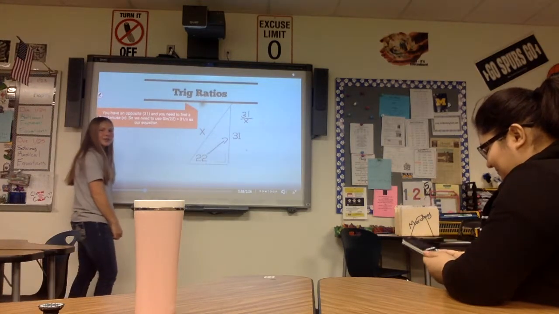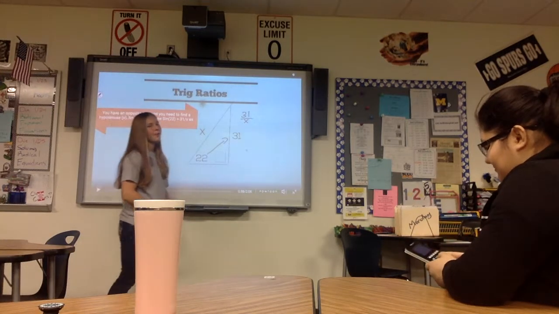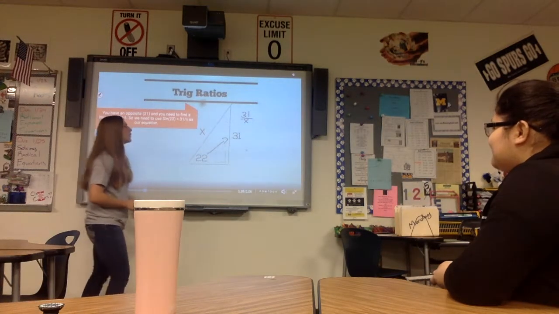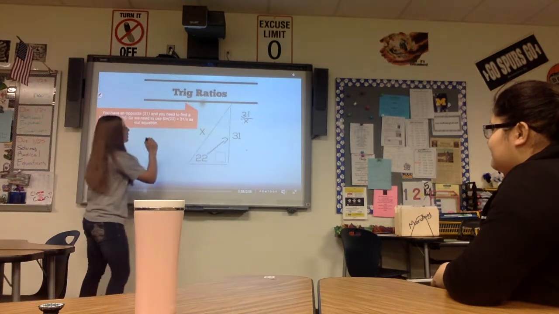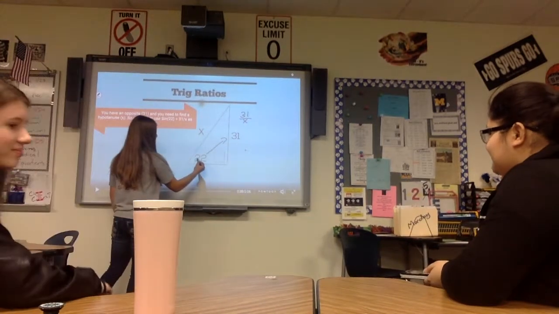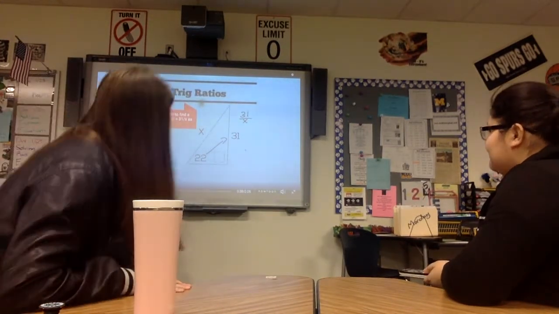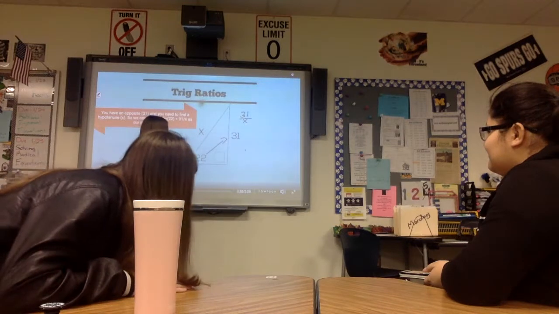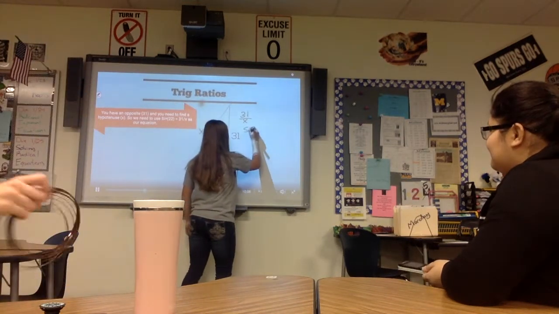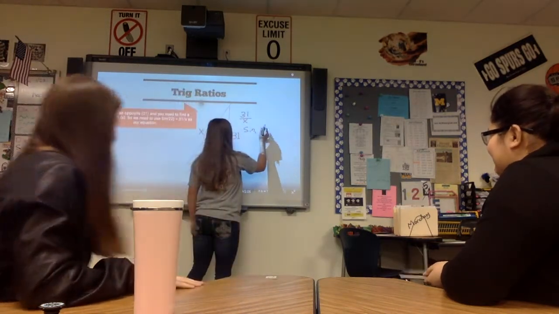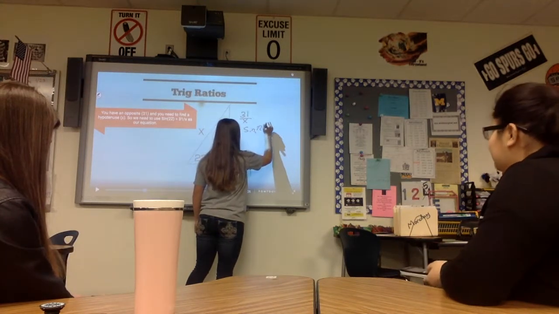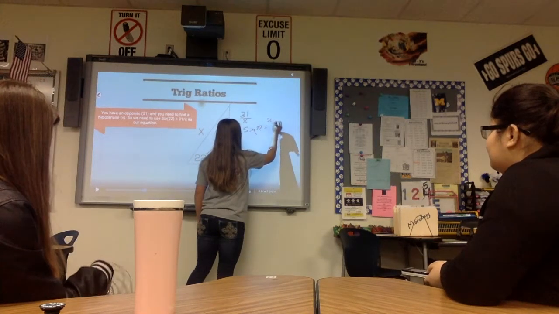Now what you're going to do is put your calculator in degree mode, and click the sine button and put in 22 next to that. So we have sine 22 equals 31 over x.